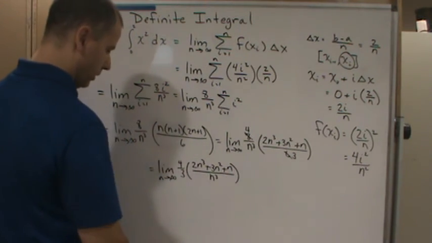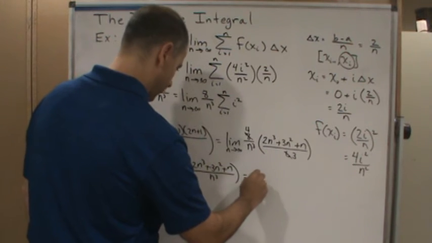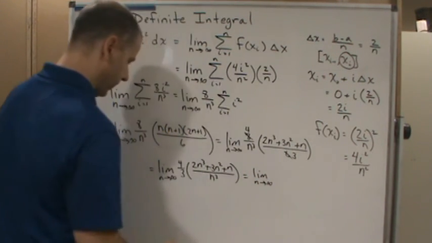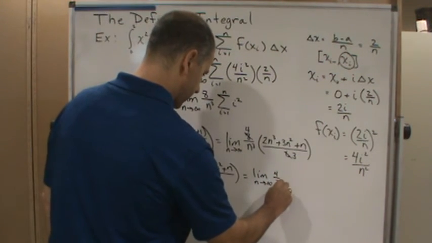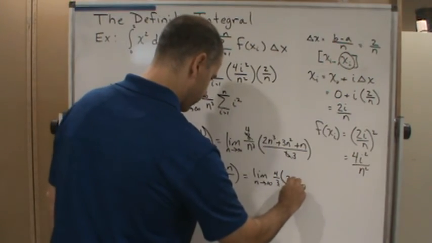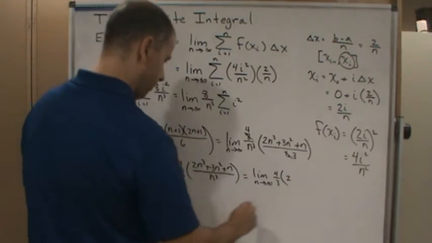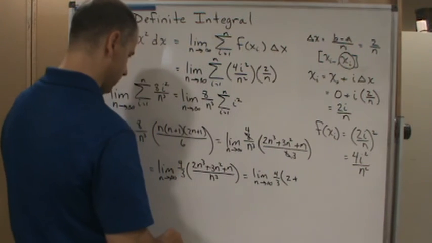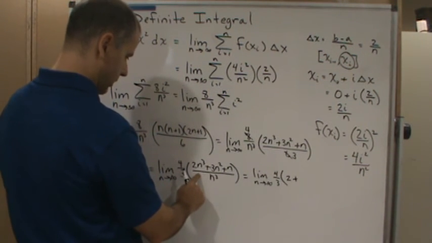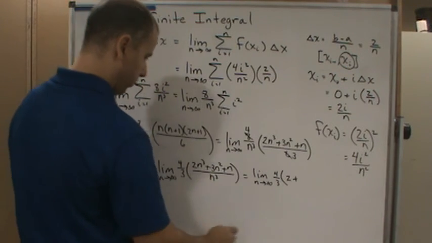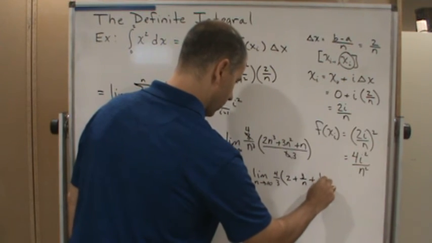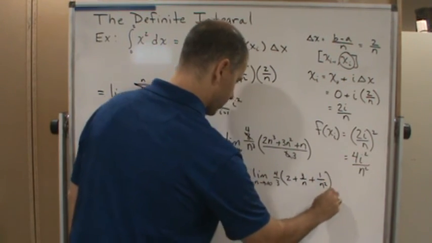Now let's simplify it further. It's going to be the limit as n approaches infinity, 4/3 times, and then this is going to become 2 plus 3 over n plus 1 over n squared, right?